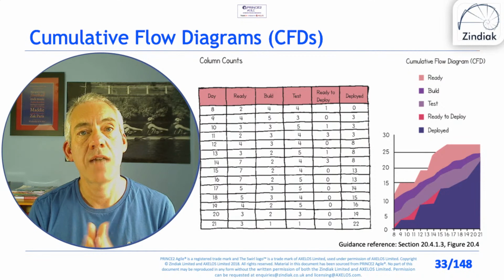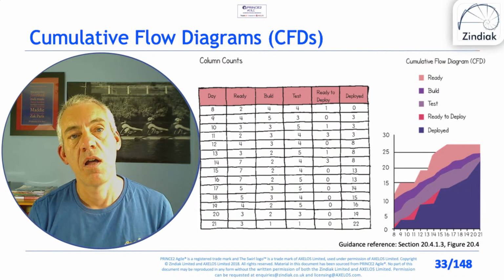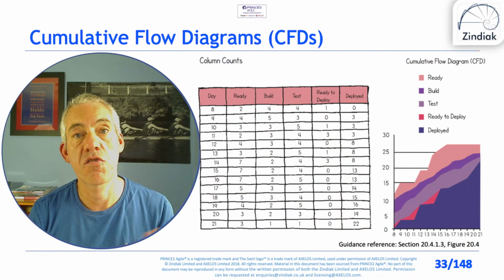Cumulative flow diagrams are a means of measuring the flow and seeing how things are progressing through the Kanban board, through the flow.